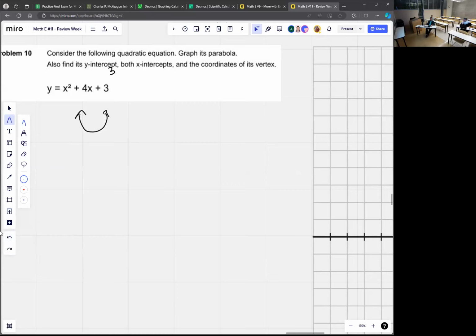So that's a factoring one. And the coordinates for its vertex, that was you put in for x -b over 2a. So in this case, -4 over 2 times 1. And then you have to plug that in, see what you get. So plug in -2, see what you get. There's your answer there.